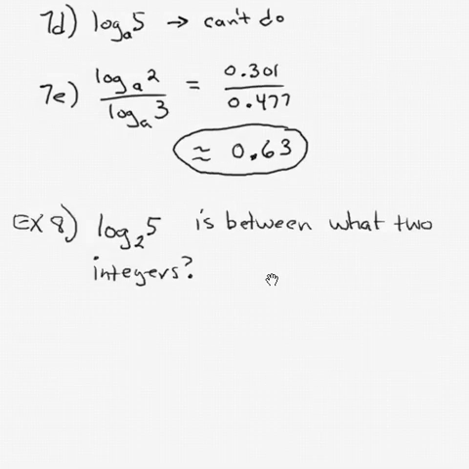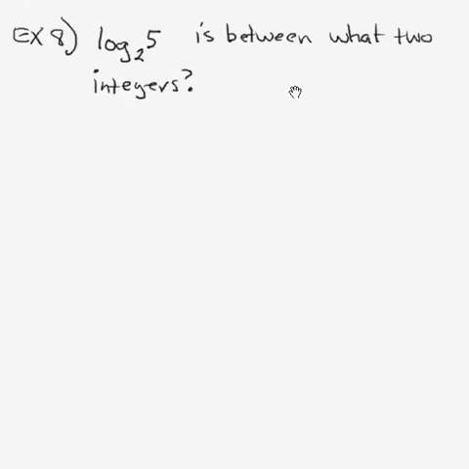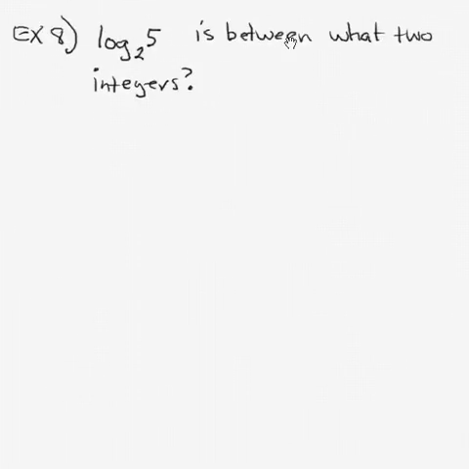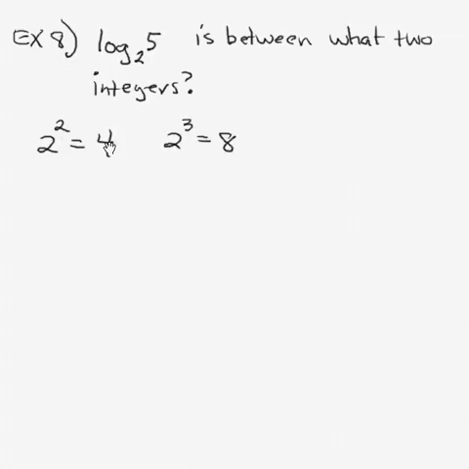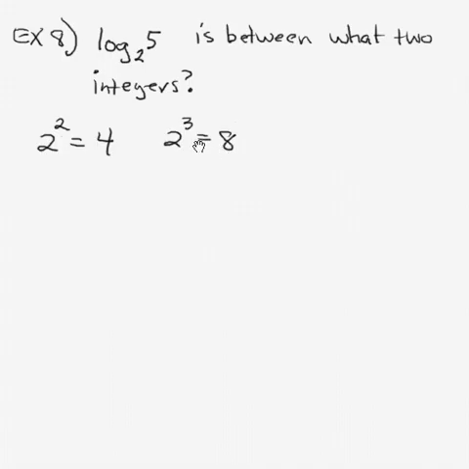All right, now we want to estimate without using our calculator. Log of 5 base 2 is between what 2 integers? Well, how do we do that? Well, 2 to the first power is 2, 2 to the second power is 4, 2 to the third power is 8. So 2 squared is 4, 2 cubed is 8. 5 is somewhere between 4 and 8, so it's somewhere between 2 to the second power and 2 to the third power.